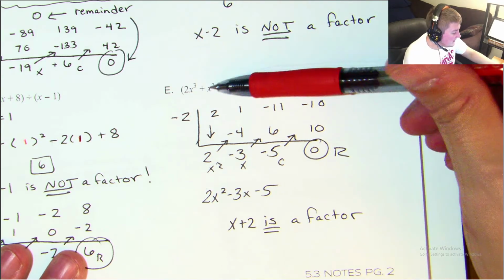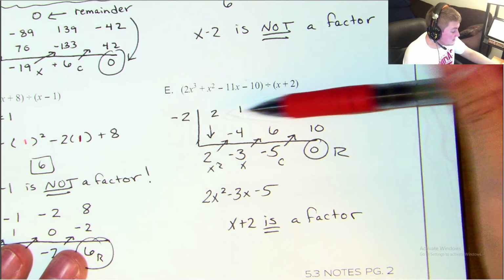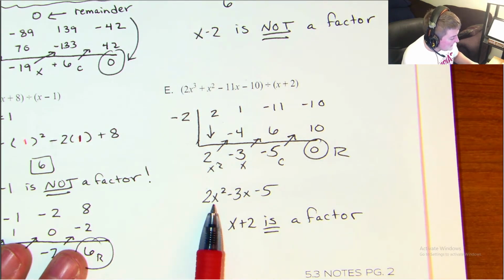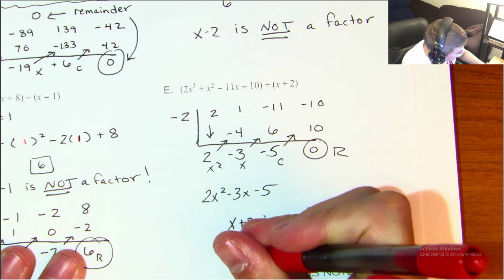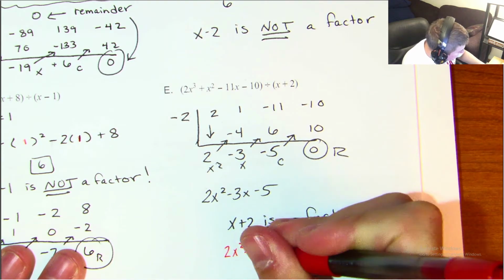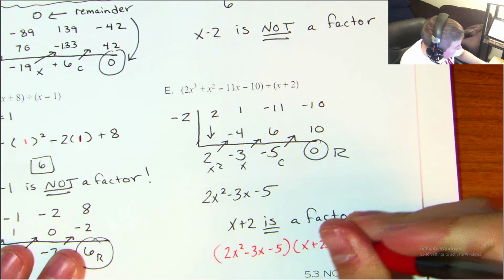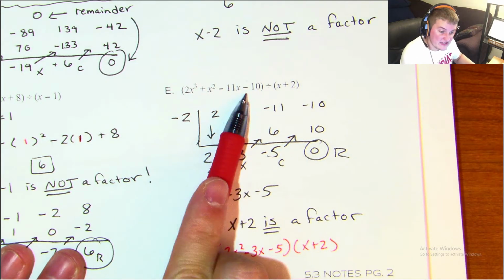If I divide this by x plus 2, which I did using synthetic division, I get this. So really what that means is I now have 2x squared minus 3x minus 5, and then that times x plus 2. That is my result to get to this.